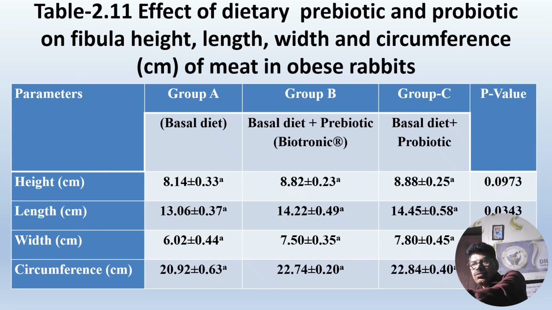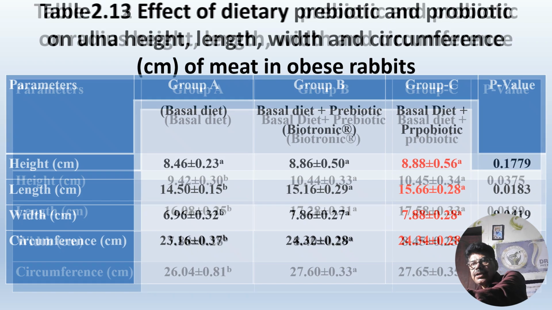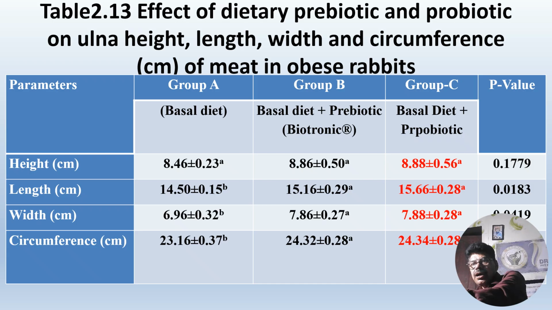The group fed with a probiotic supplement showed that the height, length, and width circumference of the fibula was higher in group C, and the height, length, and width circumference was higher in group C, that was the basal diet and probiotic, and the ulna height was also higher.